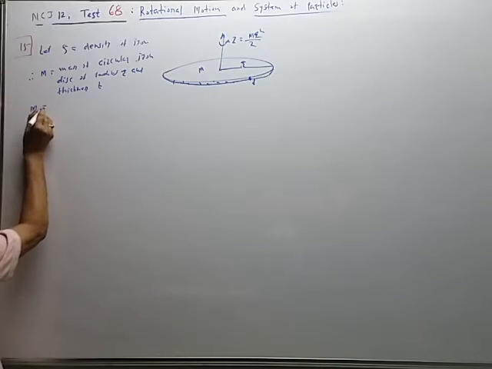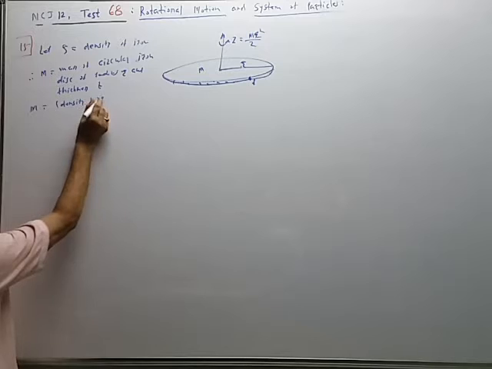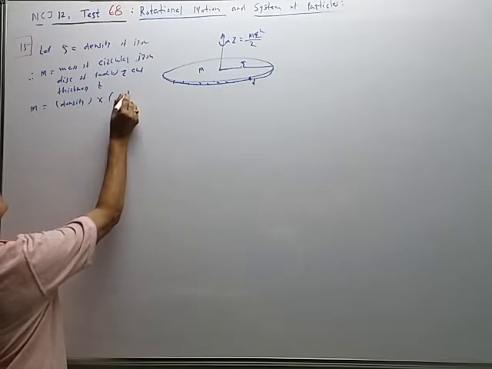Therefore, m is equal to density multiplied by volume of the disc.